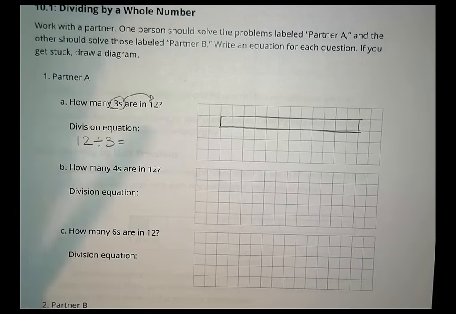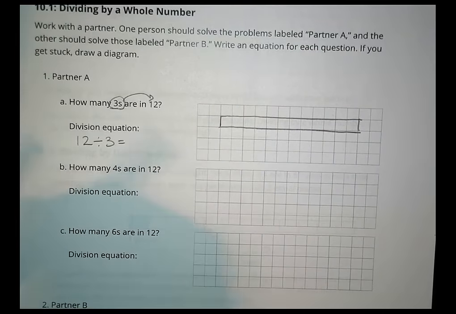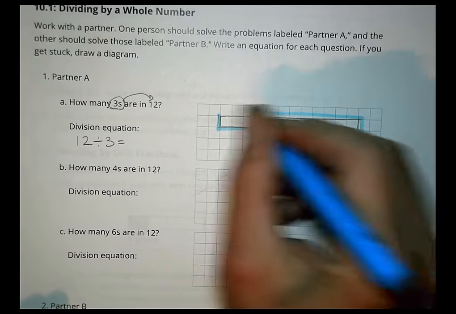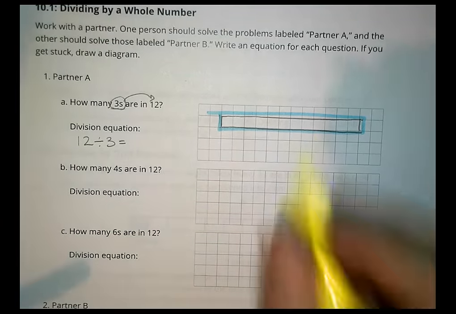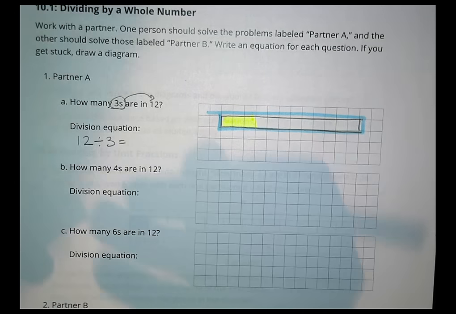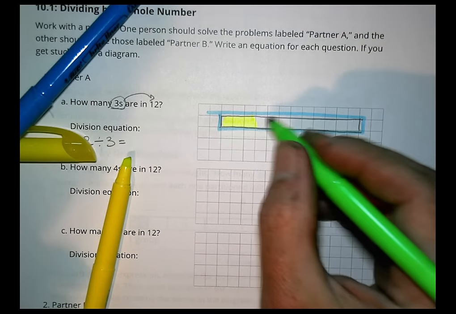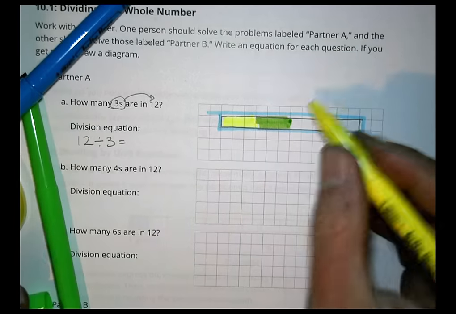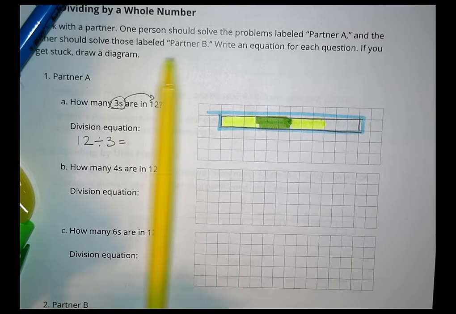Here's 12, and I have one group of 3, another group of 3, another group of 3, and another group of 3.